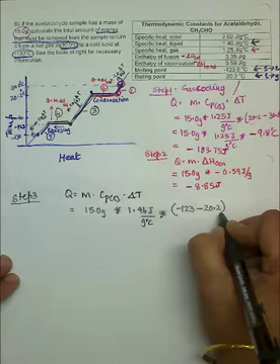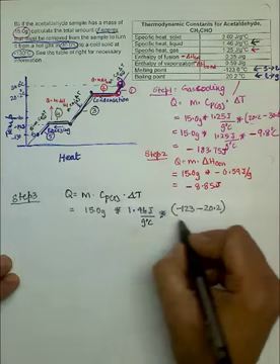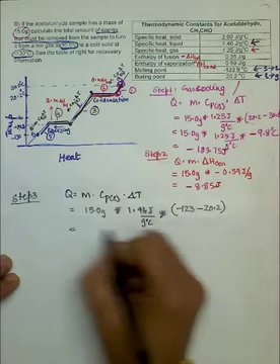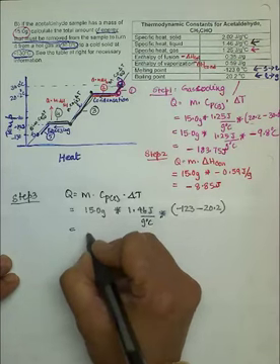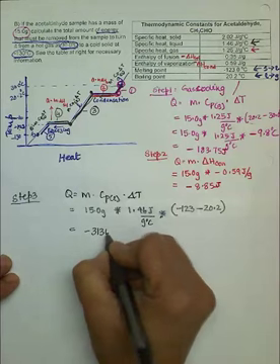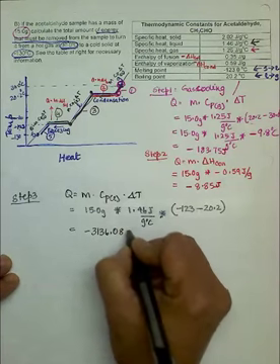So now if I multiply the three numbers, my calculator answer is negative 3136.08 joules.